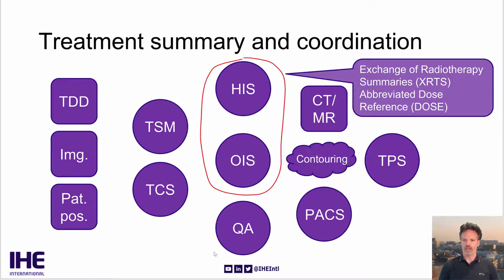And then the abbreviated dose reference can be used to summarize the kind of effective dose delivered. This can also potentially be used to coordinate between different OISs if a hospital has more than one OIS.